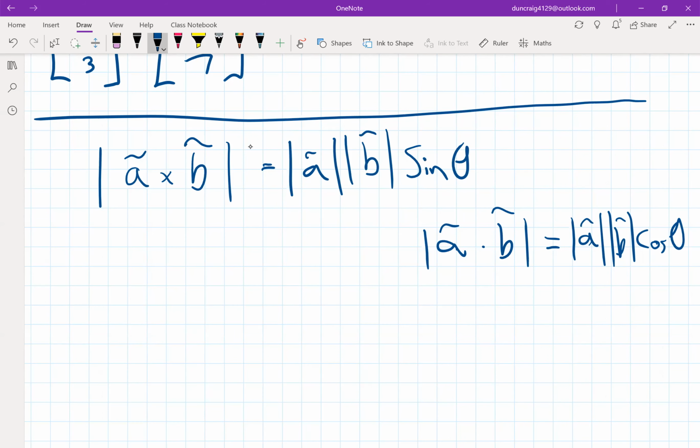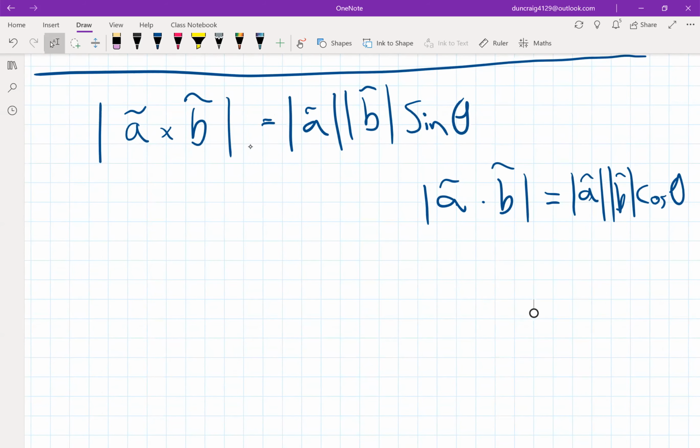So let's try and visualize that. Let's focus on that right-hand side. Let's just draw out two vectors. So there's A, there's B, and theta is the angle between them.